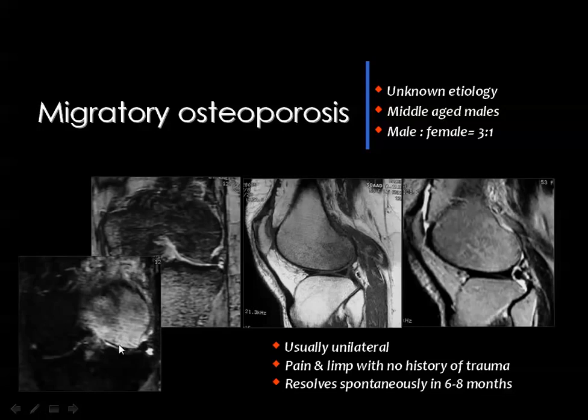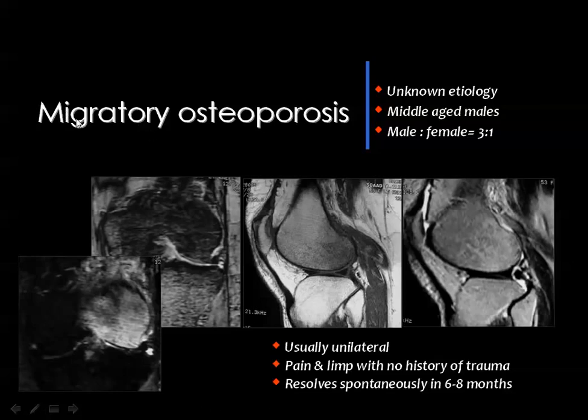In absence of a known history of trauma, then you can diagnose this as migratory osteoporosis, which means that there is extensive bone marrow edema without a history of trauma. And this is commonly seen in the hip, as I will discuss in the lecture of the imaging of the hip joint, but it can be seen in the knee and in the ankle as well.